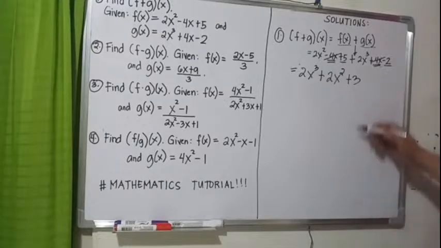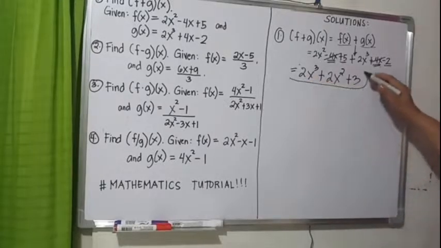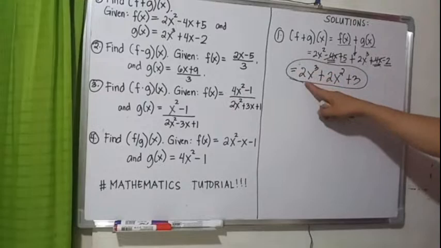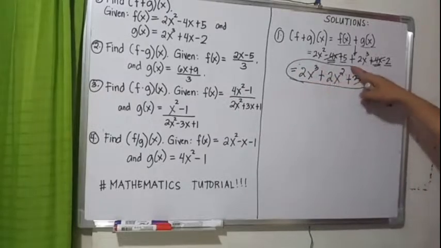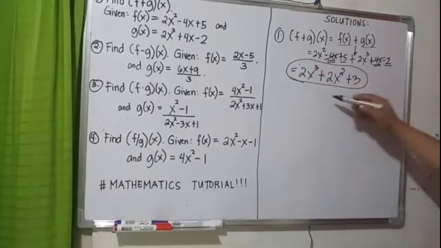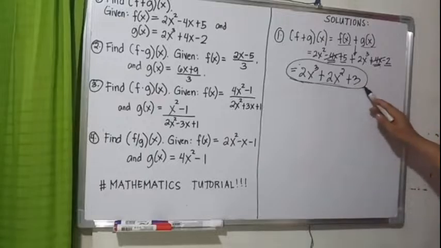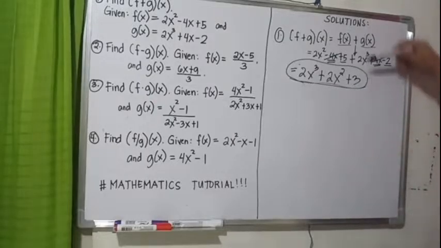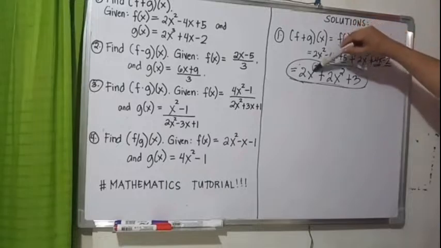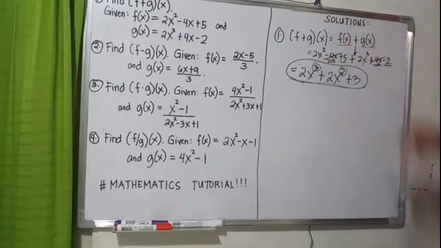So ito na yung final answer natin, number 1. 2x cubed plus 2x squared plus 3. I-arrange lang natin yung final answer natin based sa degree. So ito yung mauna, pangalawa, degree, that is exponent.